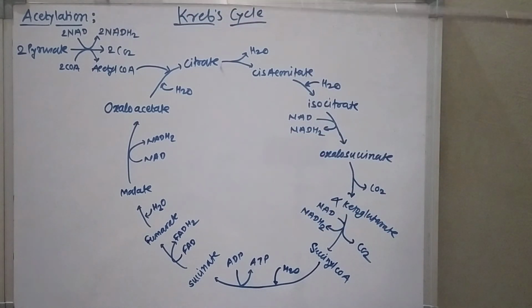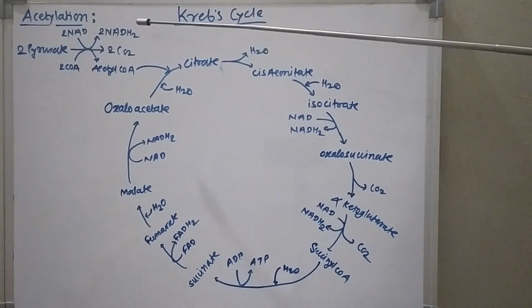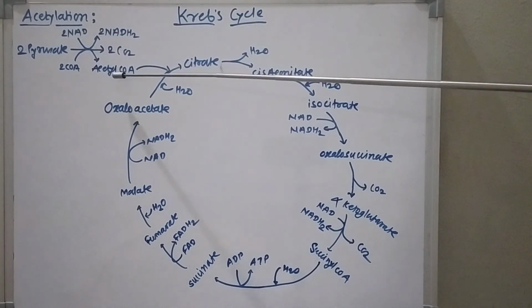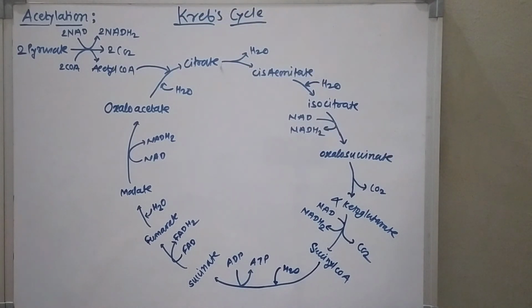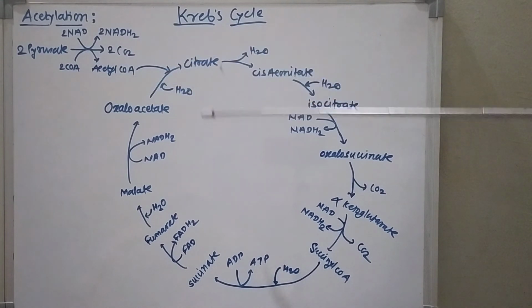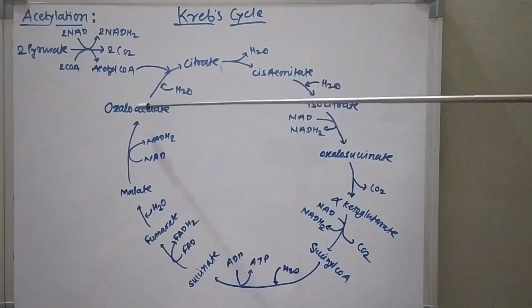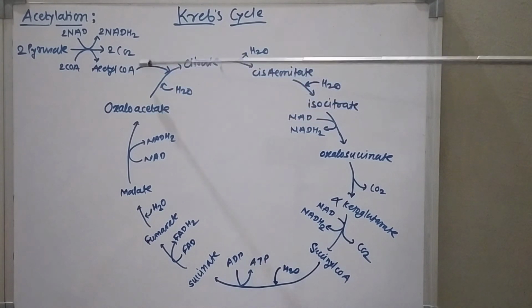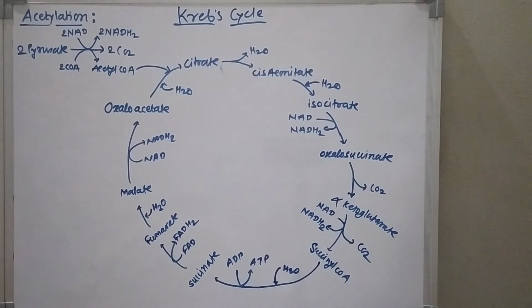Simply, acetylation means conversion of two molecules of pyruvate into two molecules of acetyl coenzyme A, which is a 2-carbon compound, and the acetyl coenzyme A enters the matrix of mitochondria, where oxaloacetate reacts with that acetyl coenzyme A to form citrate, and citrate by dehydration is converted into cis-aconitate. Again, that cis-aconitate by hydration gets converted into isocitrate.